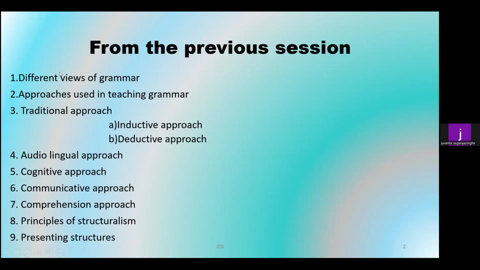Right, so you have all these approaches lined up here, which we have talked about in the previous session. The 9th part of it, the last part of it, we will be focusing on 8 and 9. 8 already we have done, but once again we will be revisiting it and then continuing with today's content.